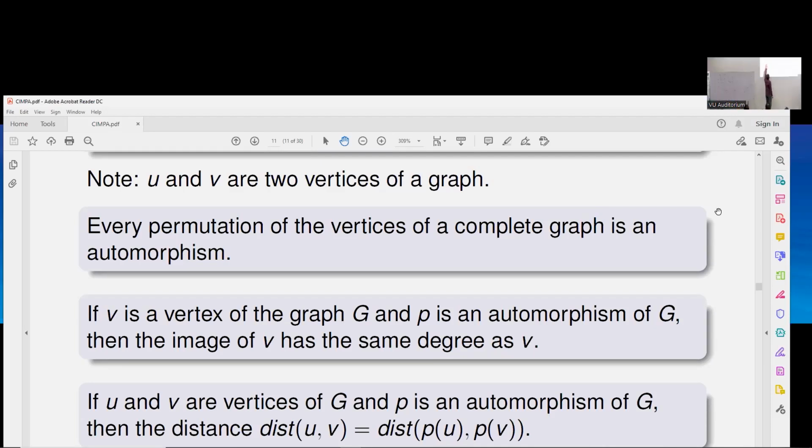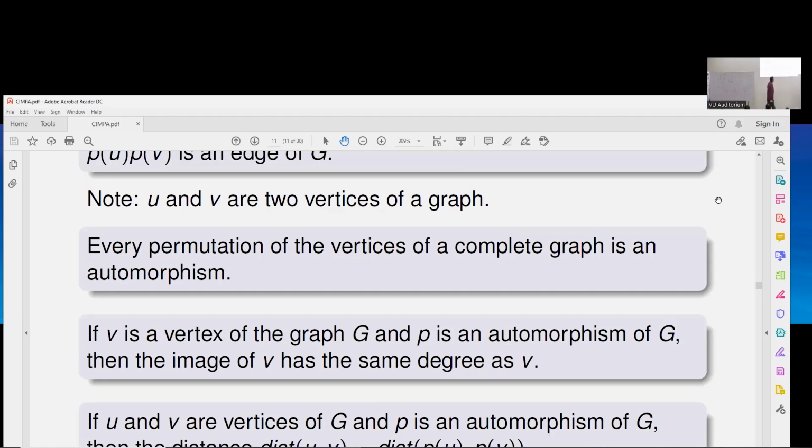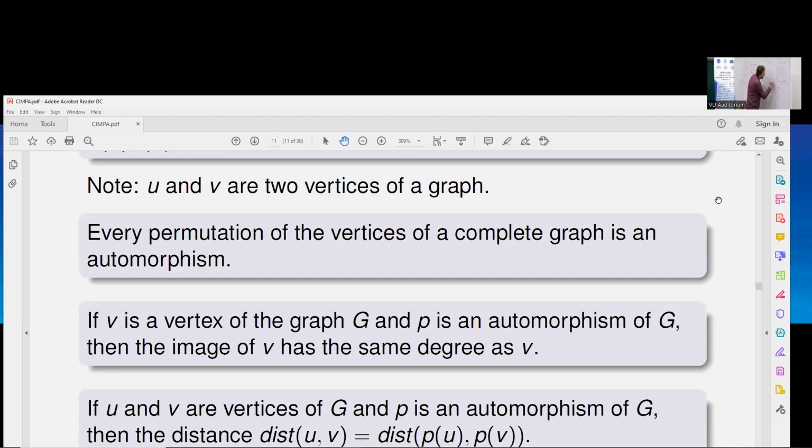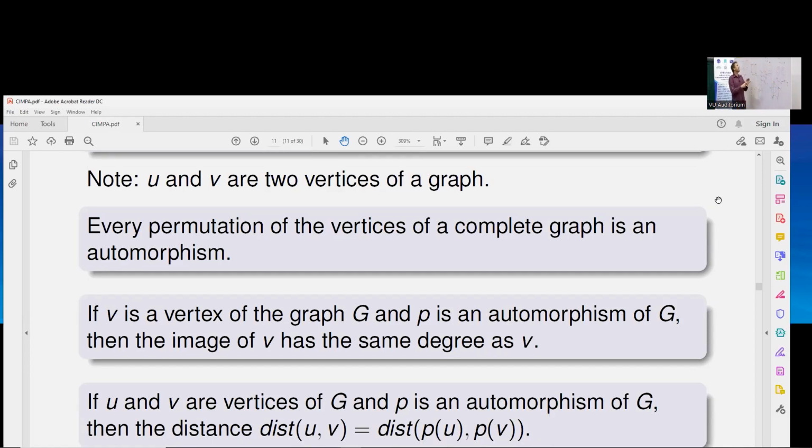Okay, now let me just mention this one. Every permutation of the vertices of a complete graph is an automorphism. Because if you take a complete graph, let's say, which has vertices u1, u2, u3, u4, u5, and now you will take some permutation.